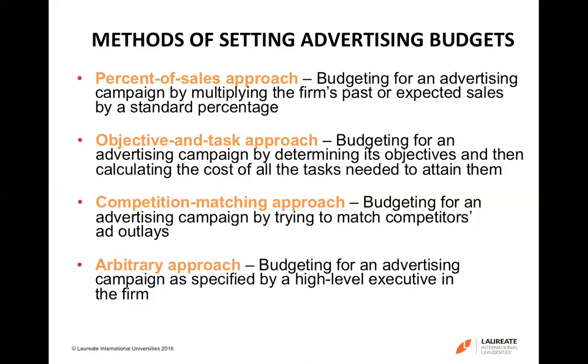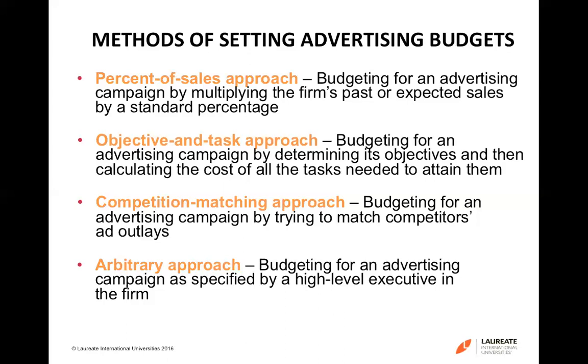Okay. The next one is objective and task approach, which is probably the ideal method for marketers. Okay, with this, we actually take budget, the budget of advertising campaign as part of the strategy or as part of the strategic decision. So in here, we look at the objectives that we want to achieve.